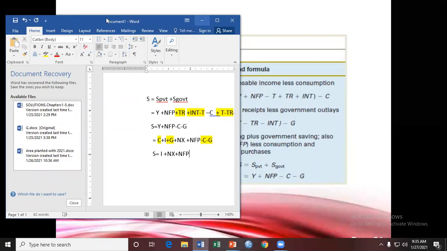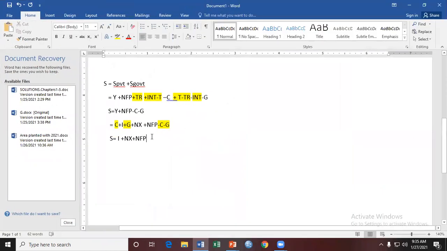Instead of writing NX plus NFP, you can write current account, which is the sum of net export and the net factor payment. Current account equals the payment received from abroad in exchange for goods and services produced, minus the payment made to foreigners. Right?